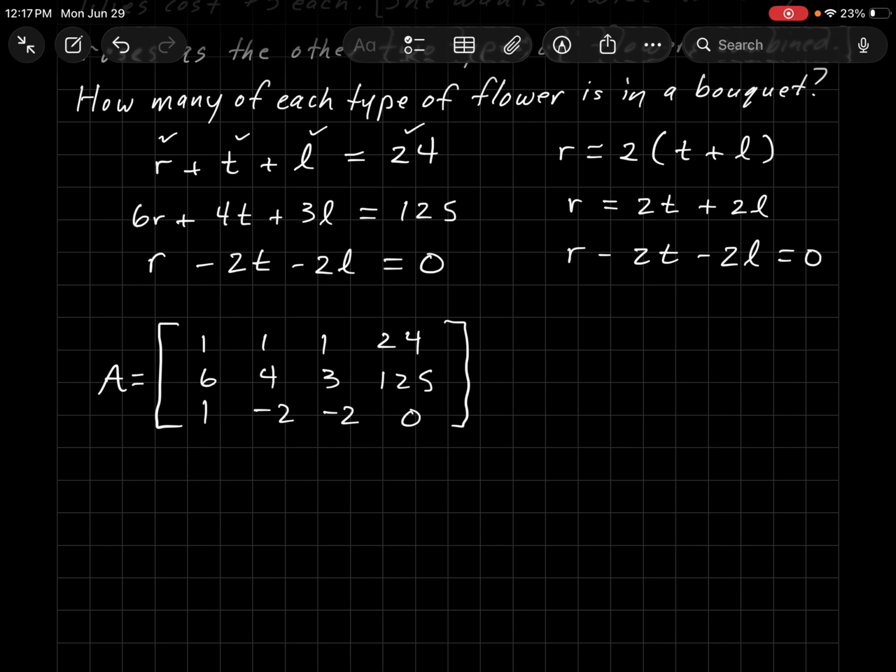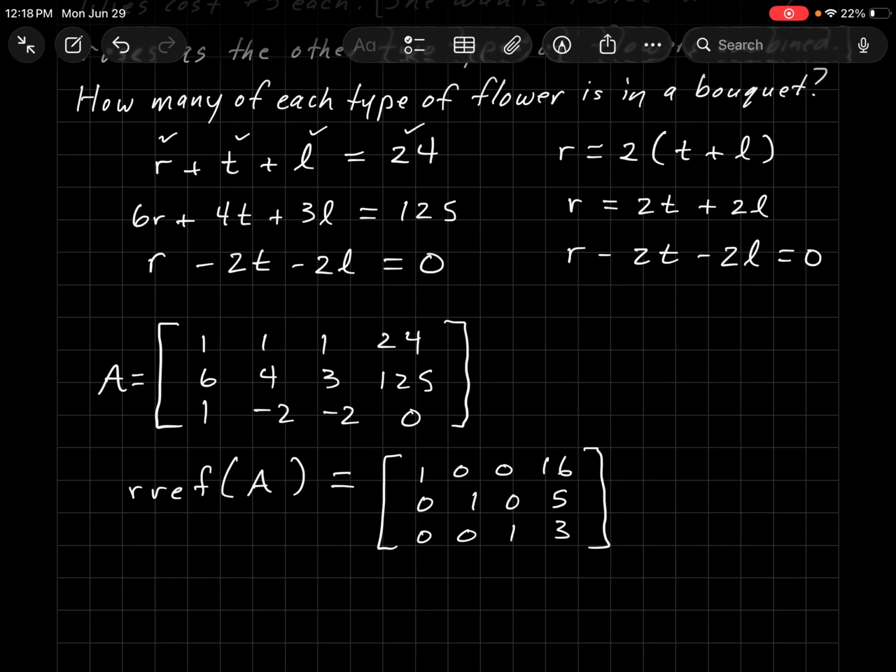I'm going to call it A in my calculator. A equals that matrix. And then there's usually some sort of button that says RREF, which is row reduced echelon form if you want to know. And then do RREF of A. And when I hit enter, I get the matrix 1 0 0 16, 0 1 0 5, and then 0 0 1 3.